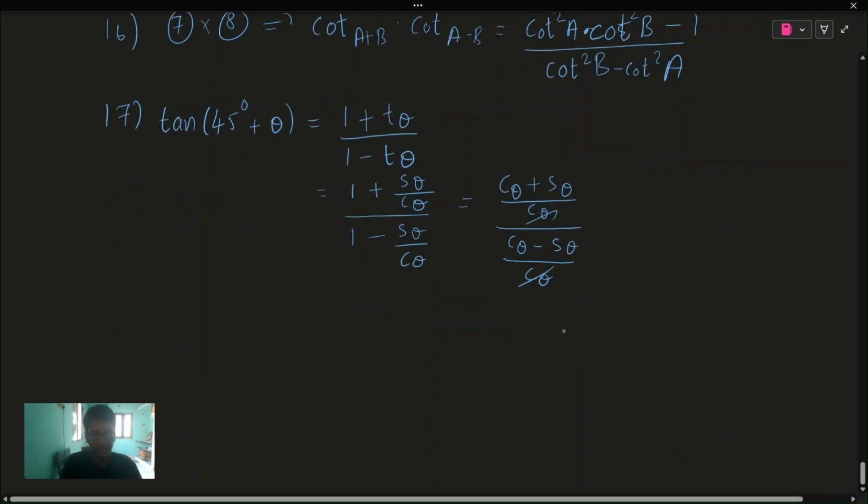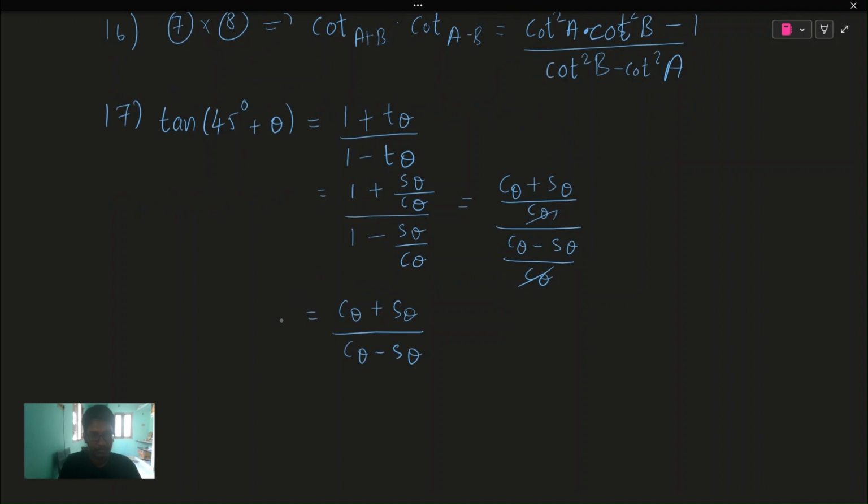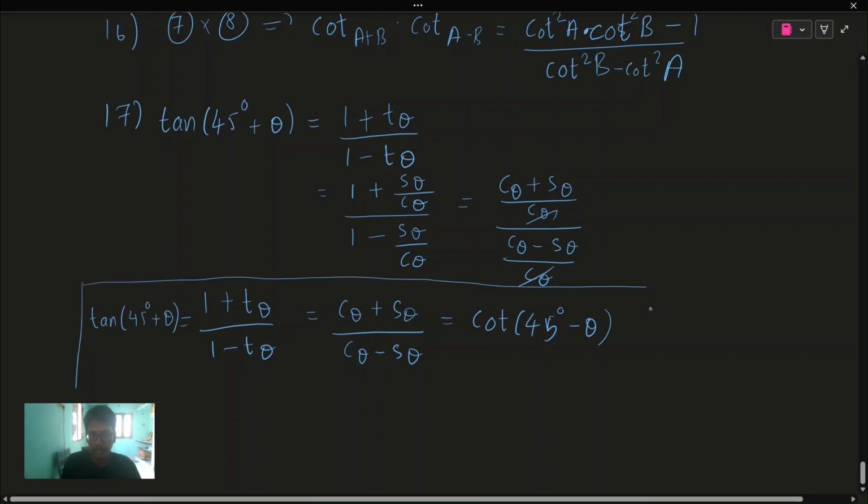We would get cos theta plus sin theta divided by cos theta minus sin theta, which is 1 plus tan theta divided by 1 minus tan theta, which is also equal to tan of 45 plus theta. This is also equal to cot of 45 minus theta. Very, very important one.